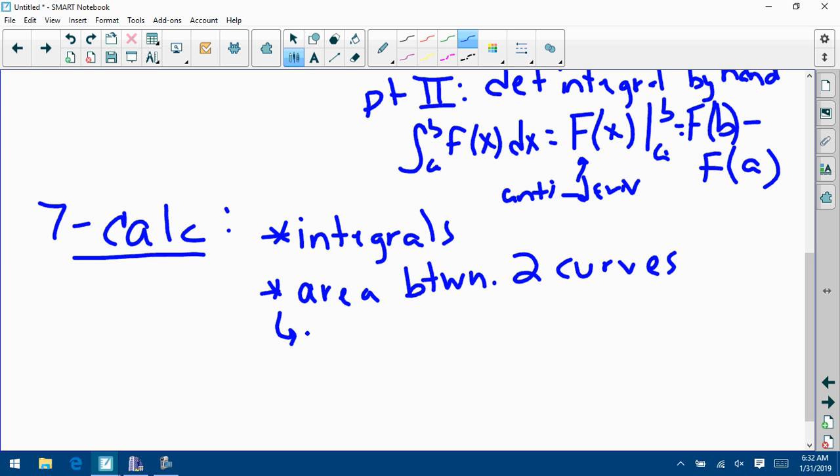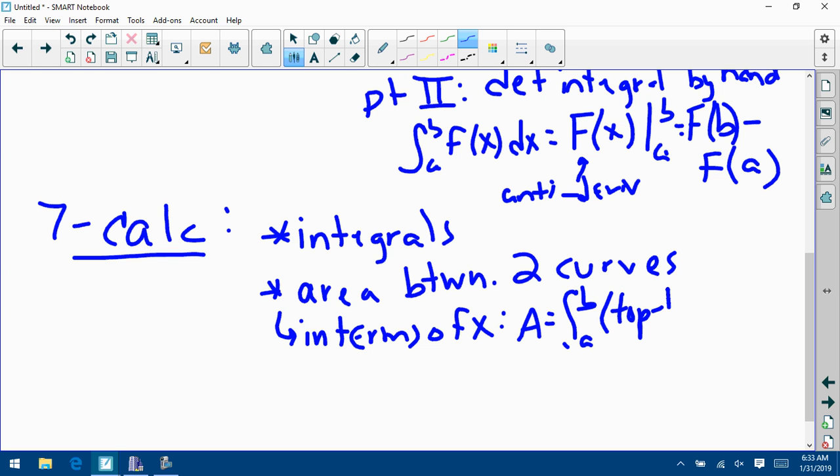If your equations are in terms of x, then the area would be the integral from a to b of the top curve minus the bottom curve dx. And there's a lot of those. I think it was problem set 80 or 81, one of those two. You should definitely do those because that'll help a lot with that.